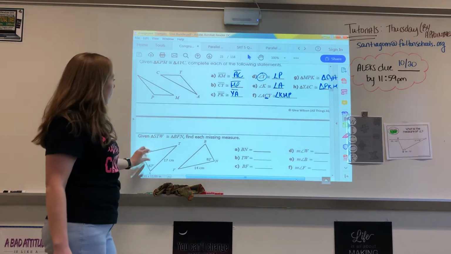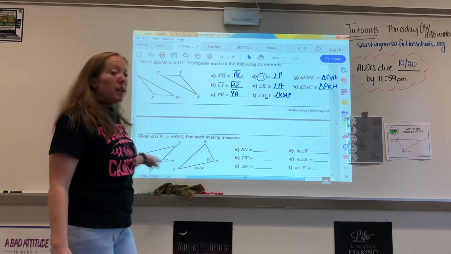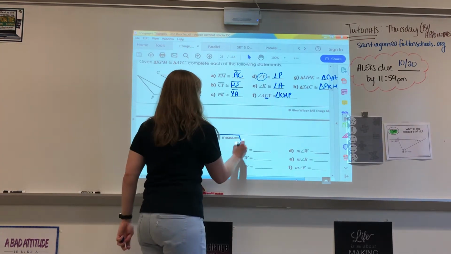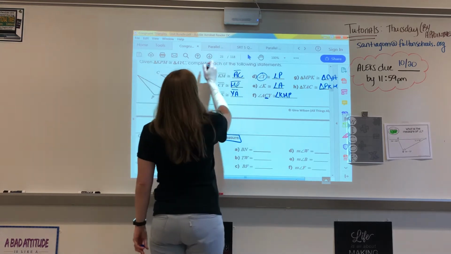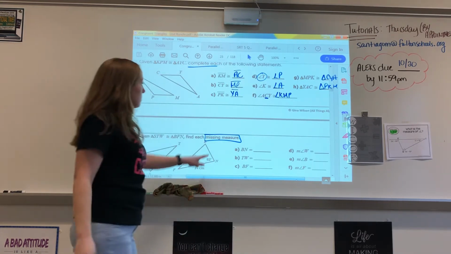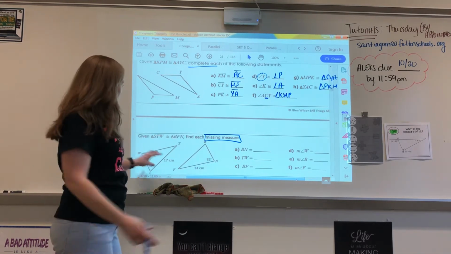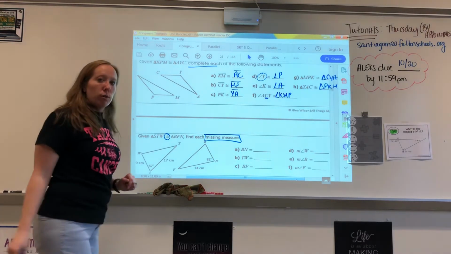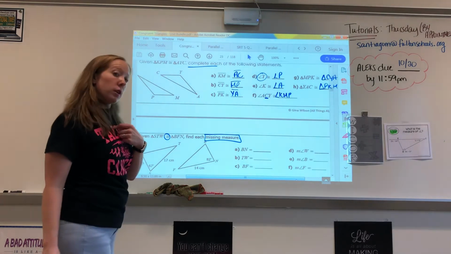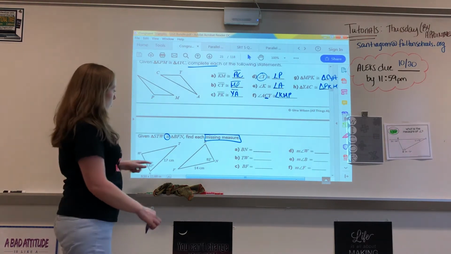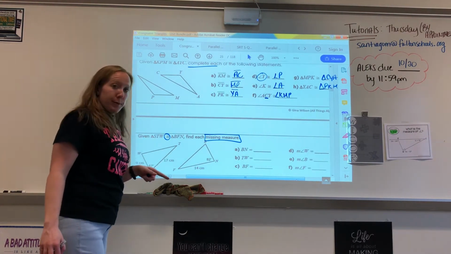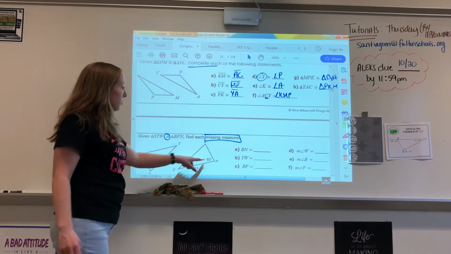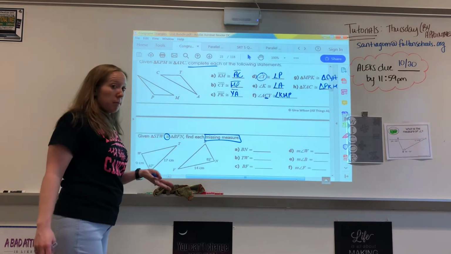If you look at number 4, it says find the missing measure. Instead of complete the following statements, now we're going to find the measures, but we got to look at this picture. They tell me both triangles are congruent. So if I know the triangles are congruent, then I know the corresponding sides are going to be congruent, and the angles are going to be congruent, which means same measure.